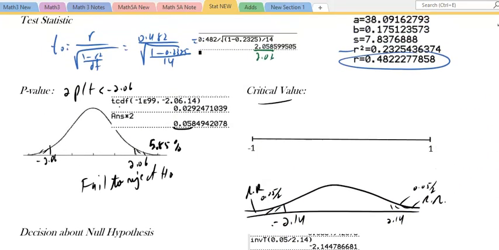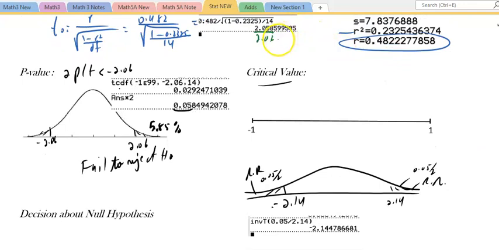And you look at our value, it's 2.06, which is inside, so you fail to reject H naught.